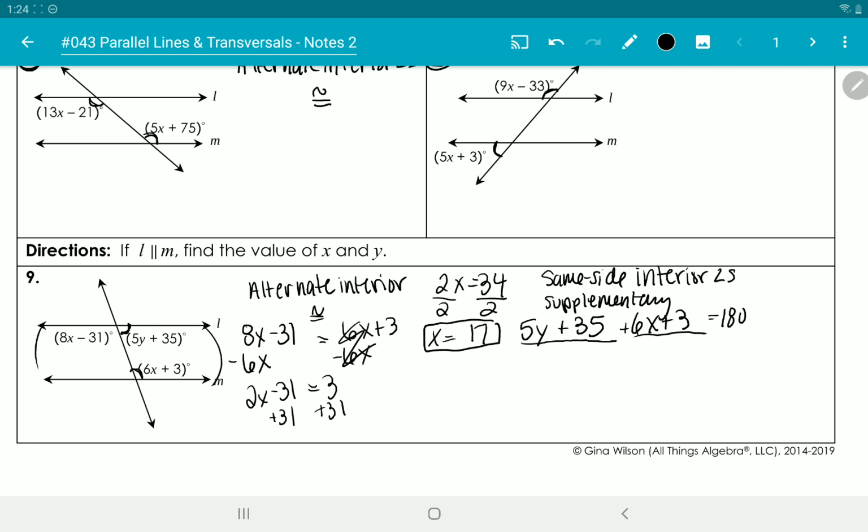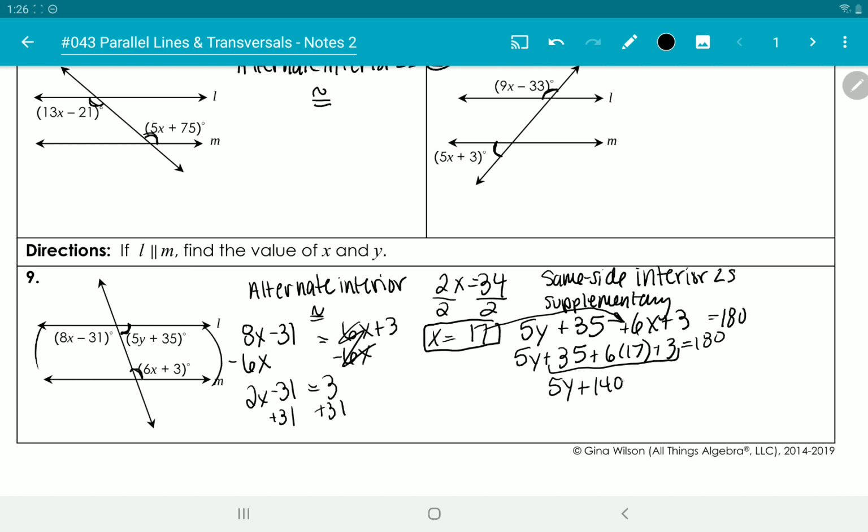Okay, but we know what x is, so we can take this x value and plug it in. So we have 5y plus 35 plus 6 times 17 plus 3 equals 180. Okay, so if we go ahead and calculate, let's do that in a calculator real quick.